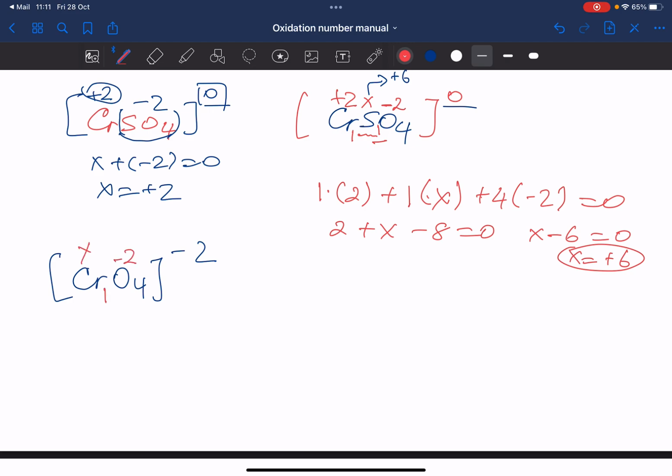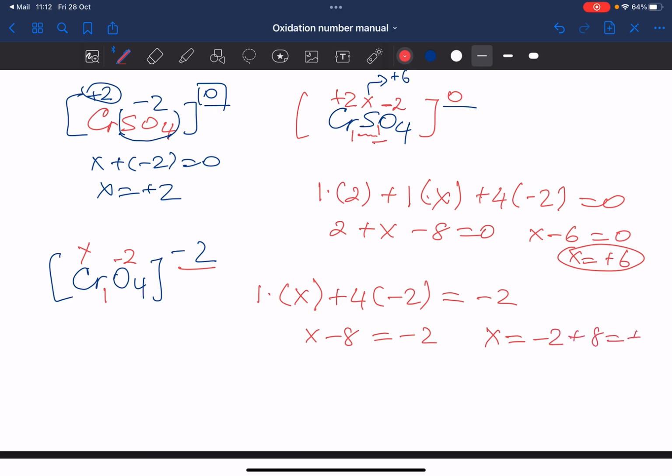Because there's only one given, we don't write the number. So 1 times X plus 4 times -2 adds up to -2. And then X minus 8 is -2. It's going to be X equals -2 plus 8. This is +6.